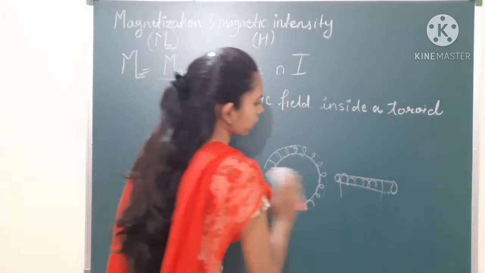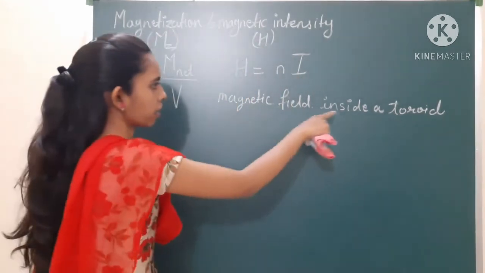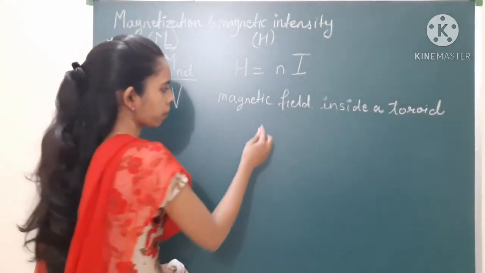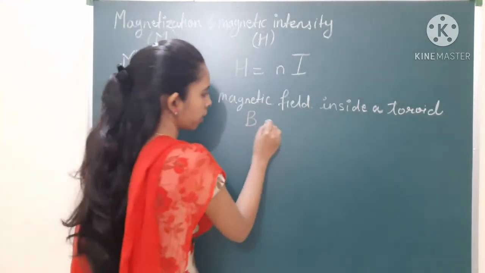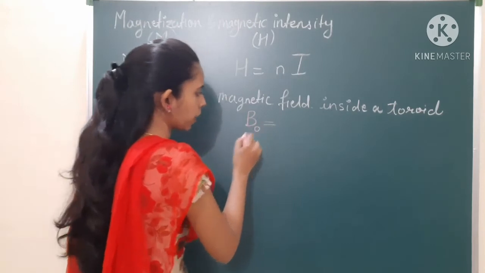So according to this, the magnetic field inside a toroid will be capital B, which we call B naught.